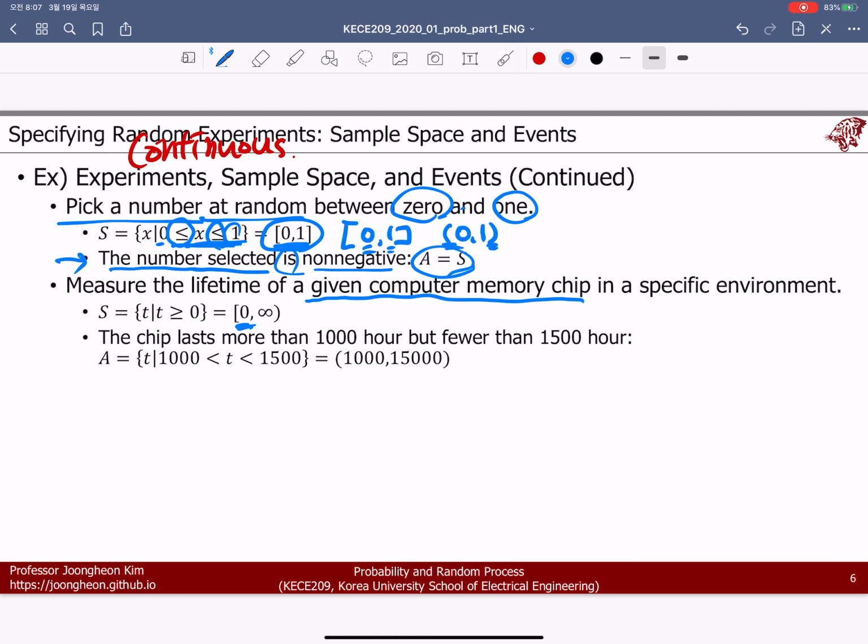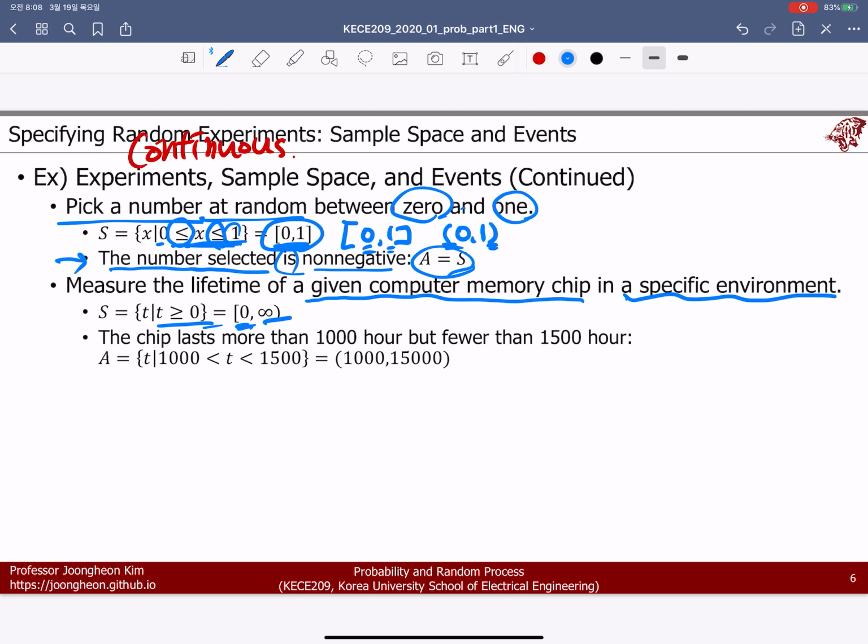And if this is very robust and we can use it forever and ever, then it can go to infinity. So the time is just larger than or equal to 0, okay? And then it can go to infinity. In a specific environment, if we are in the universe or space, then we have no gravity and no air over there.